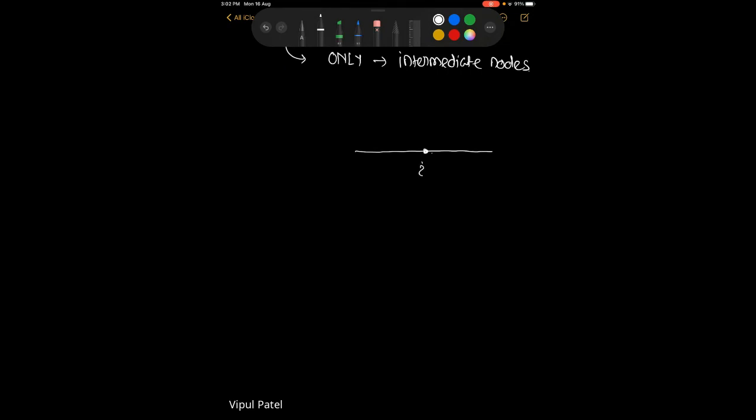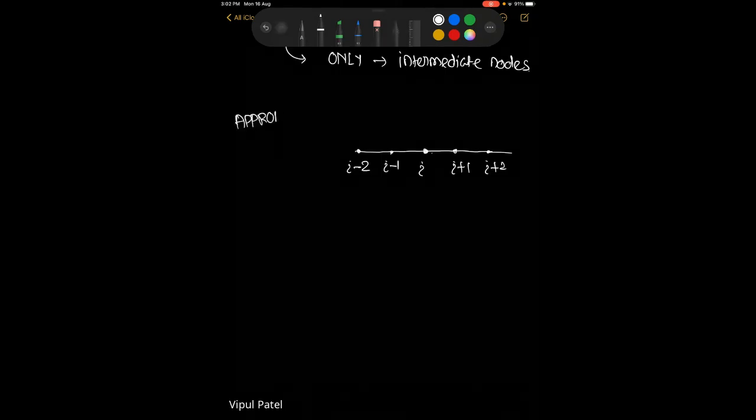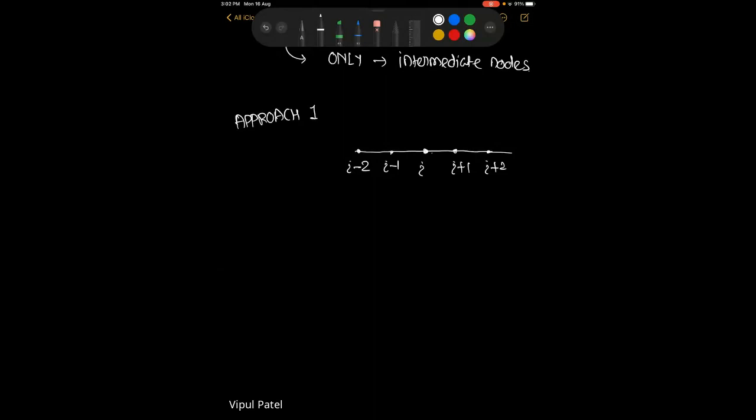This is node I, this is I plus 1, this is I plus 2, and you have I minus 1, I minus 2. And let's start with approach 1, which is kind of forward approximation.